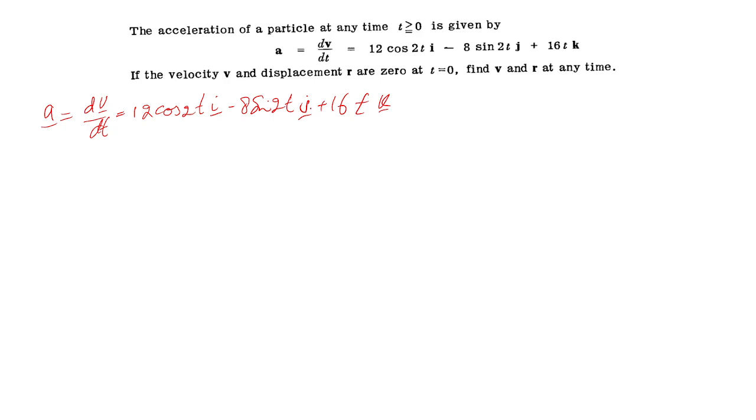If the velocity v and displacement r are 0 at t = 0, find v and r at any time t.